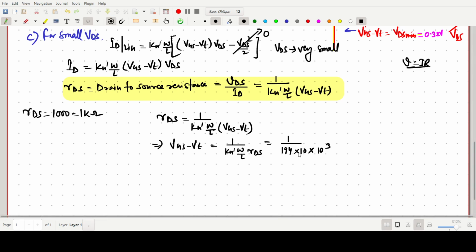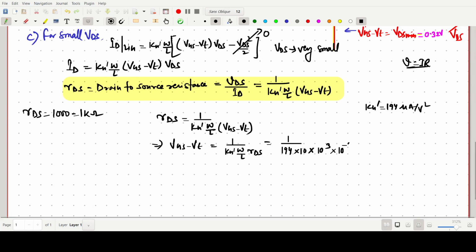So 194 into 10 into 10 to the power 3, and this Kn' is 194 microampere per volt square, so 194 into 10 to the power minus 6. So it should be 100 by 194.